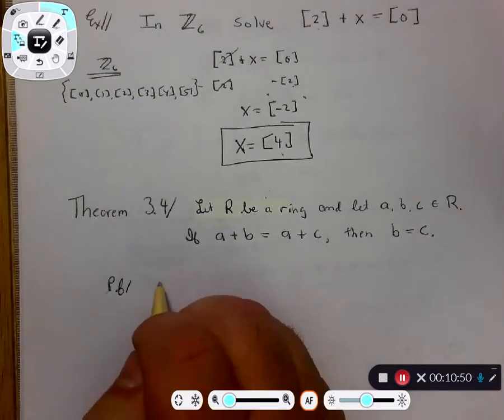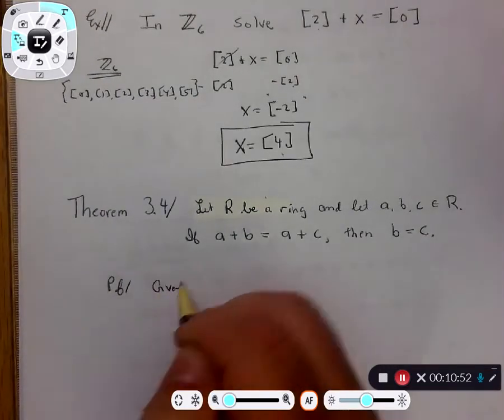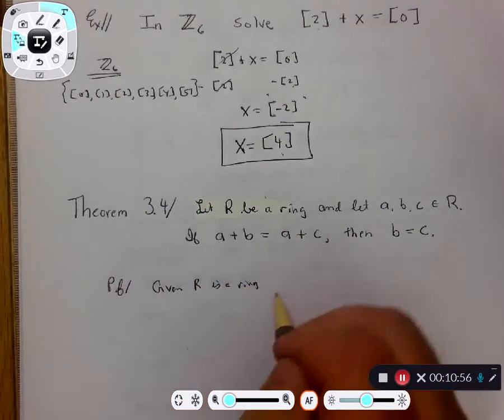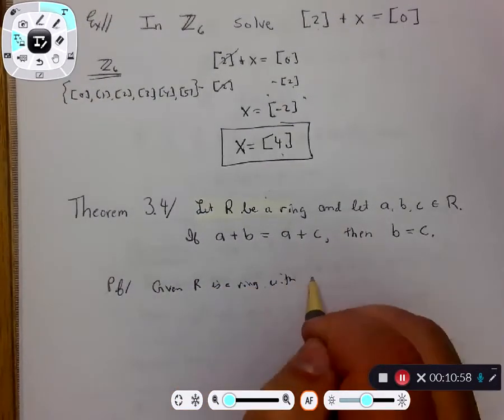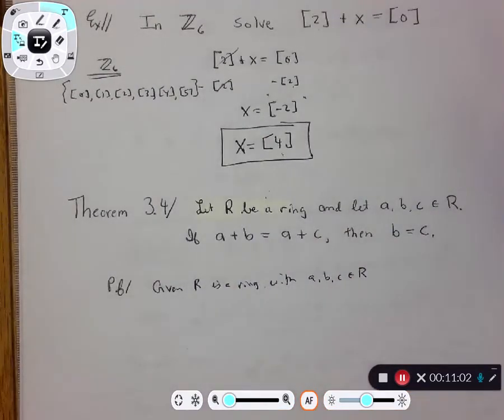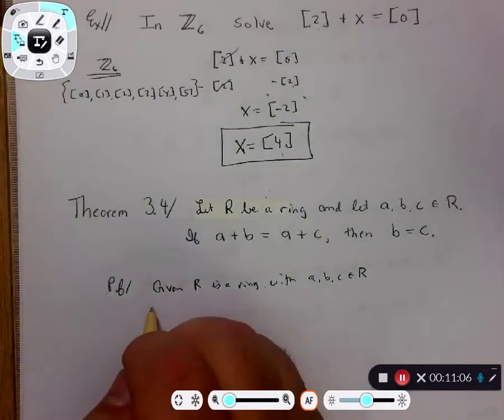Well, this is a very simple proof. So let's just go through it. And so we'll start off with the givens. You're given that R is a ring with A, B, C elements of R. Actually, I didn't actually have to state that. That's stated in the question. But this is needed.